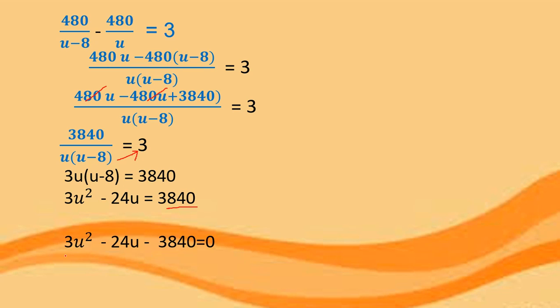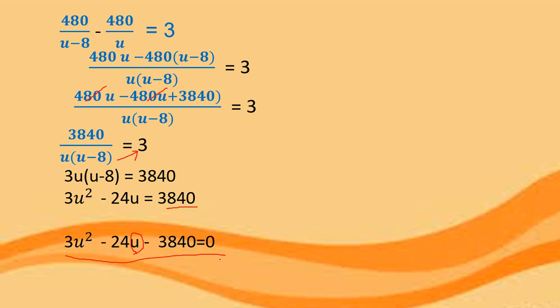Now this is the standard form of the quadratic equation. So the condition, that the train goes at the uniform speed for 480 kilometers and when the speed is reduced by 8 kilometers per hour, the time taken is 3 hours more, we can represent as 3u square minus 24u minus 3840 is equal to 0, where u represents the speed of the train.